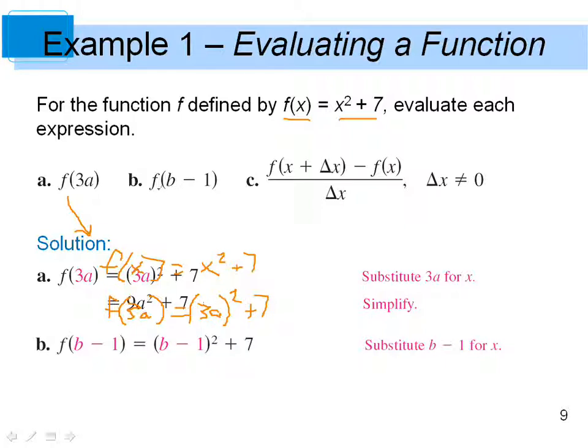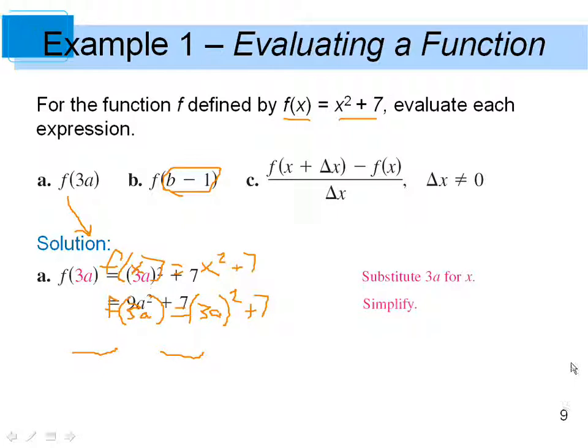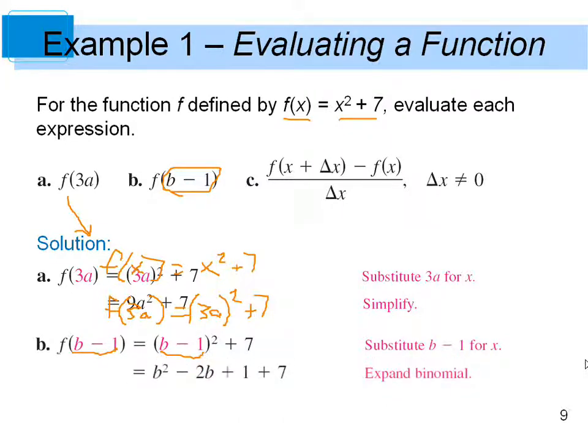Now in the second one, you'll see they have f of b minus 1. Where you have an x, you're going to replace it with b minus 1. And then you're going to go ahead and multiply out. Nope, we lost it there. See if I can click ahead. There we go. All right, so they take b minus 1.